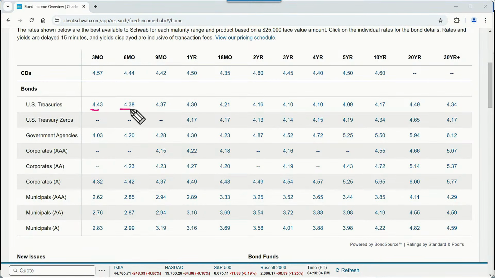Now, the interest rate sometimes can vary very significantly depending on how far you go out. What you're going to notice right now on the ones I'm underlining is it really isn't a huge difference here. And that's because we have kind of a flat yield curve. And you can actually see that below on this page here.